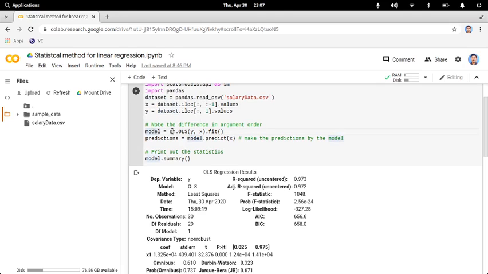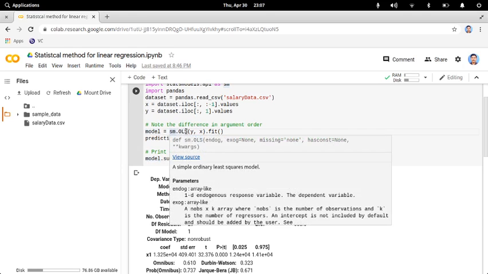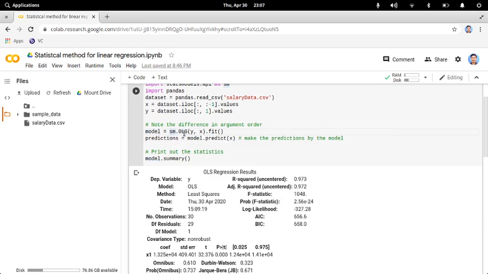Then you create a model. From the statsmodels you open ordinary least squares regression. You note the difference in arguments: y is to be given first, then x. So sm.OLS(y, x).fit(), and you can go for predictions.